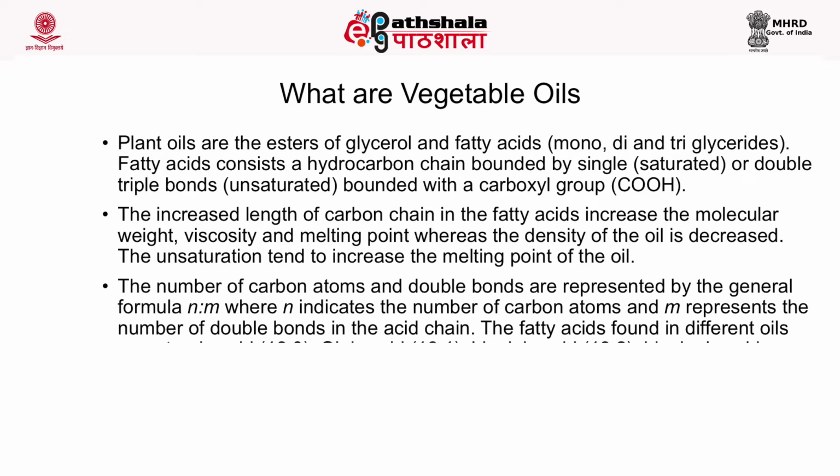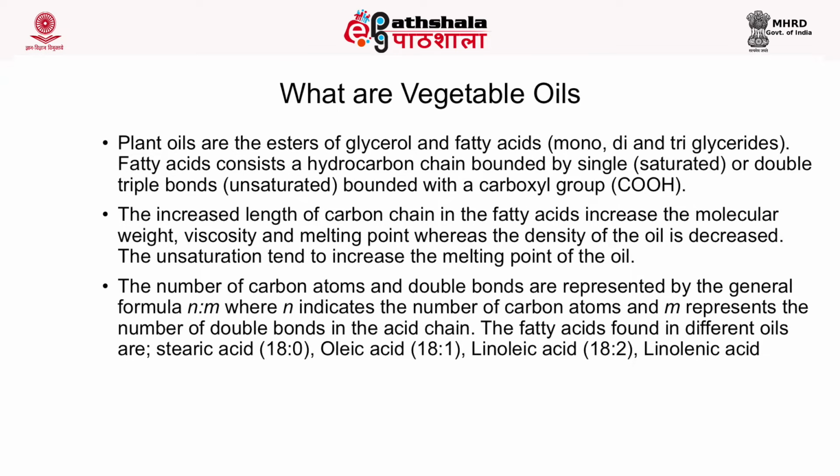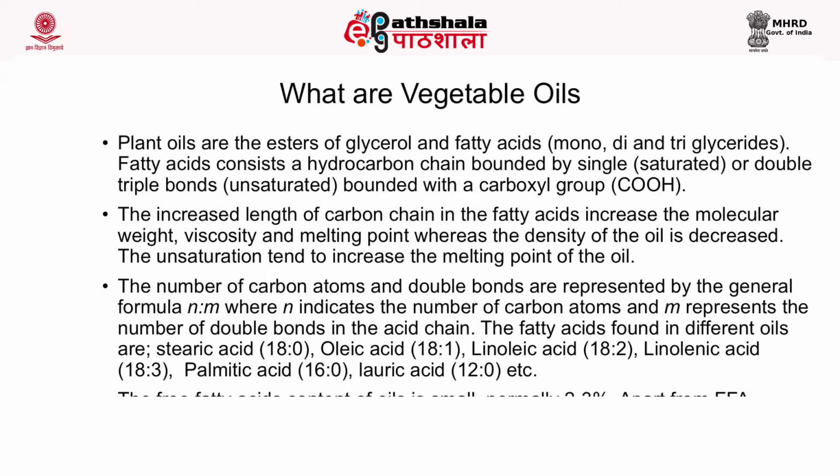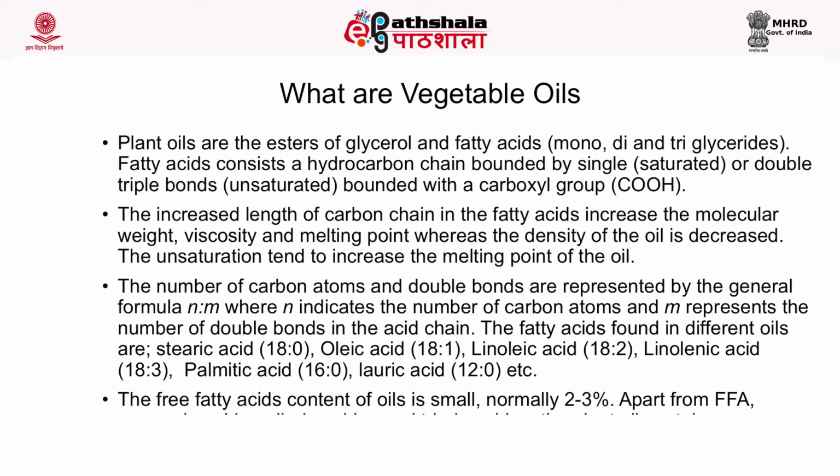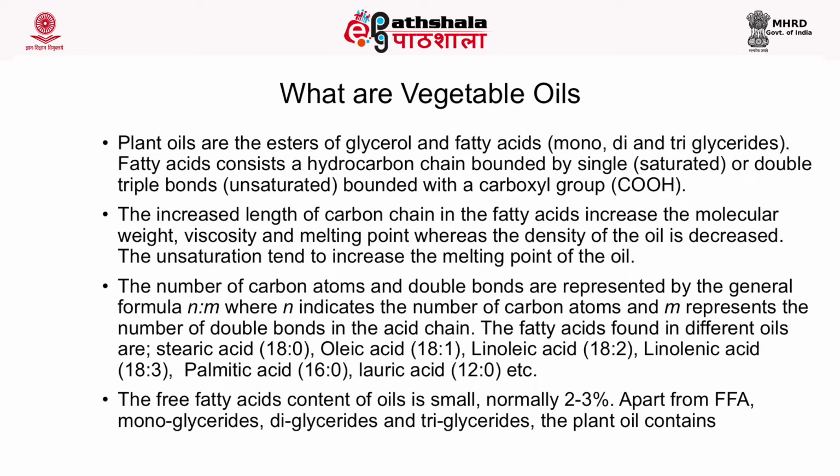The number of carbon atoms and double bonds are represented by a general formula N is to M, where N indicates the number of carbon atoms and M represents the number of double bonds in the acid chain. The free acid content of oil is small, normally 2 to 3%.